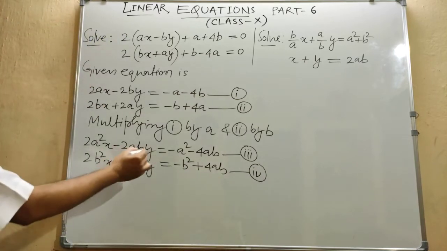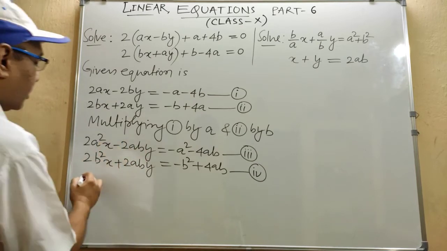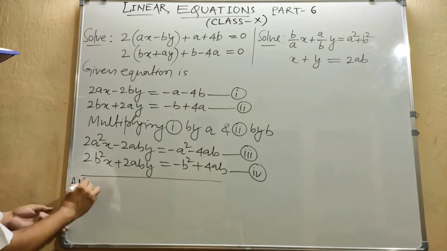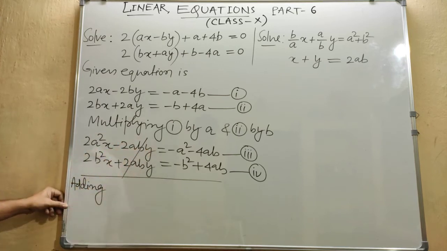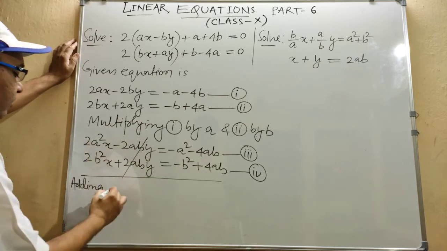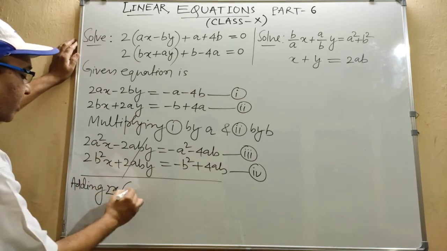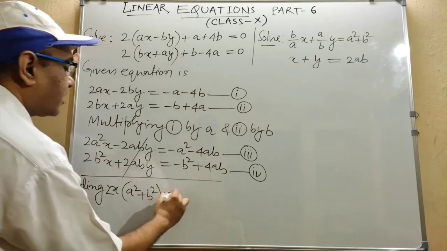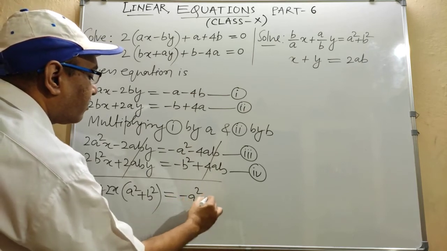Now here the coefficient of y is the same with opposite sign. So let us add. If you add, plus and minus will cancel, and adding these two, x is common within the bracket, and 2 can also be taken as common. Within the bracket you will get a square plus b square. On this side, if you add, these two will cancel, and you get minus a square minus b square.